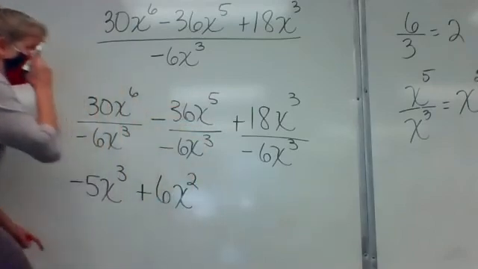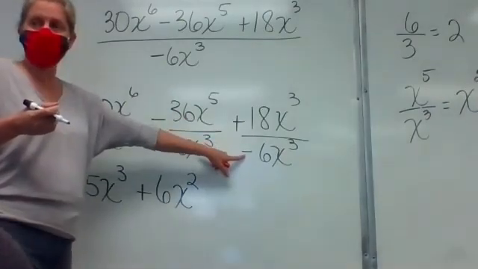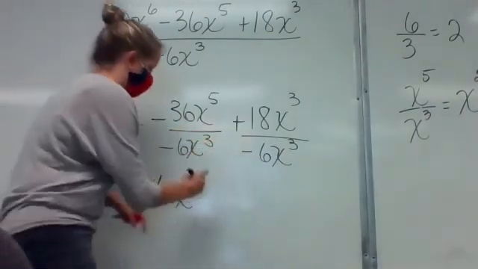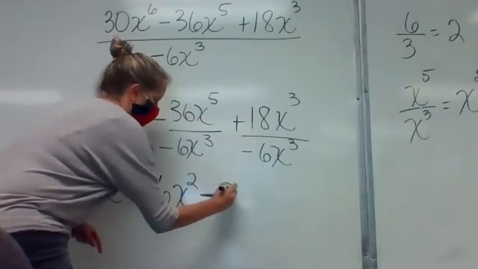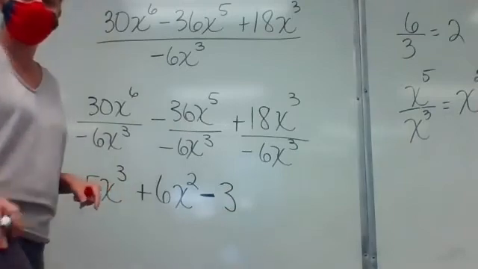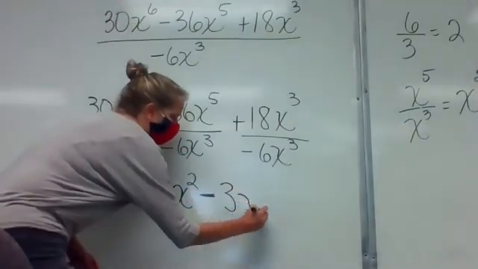Subtract those exponents. What's this one going to be? A positive over a negative, which is going to make this negative 18 over 6, which is what? 3. What happens when you subtract those exponents? It's nothing. You don't have any x left. Now, don't write this. This is not right. What if you put an x?